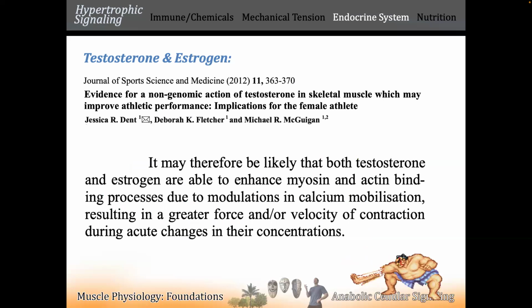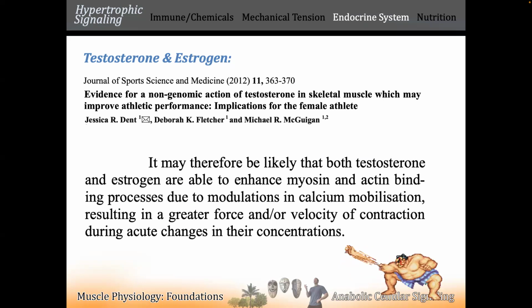Now, both testosterone and estrogen also influence ion transport. This is another non-nucleic action. So if you've ever seen World's Strongest Man competitions, nobody is lean. We talked about the bacon stuff in a previous lecture, high fat, high cholesterol, low fiber diets.